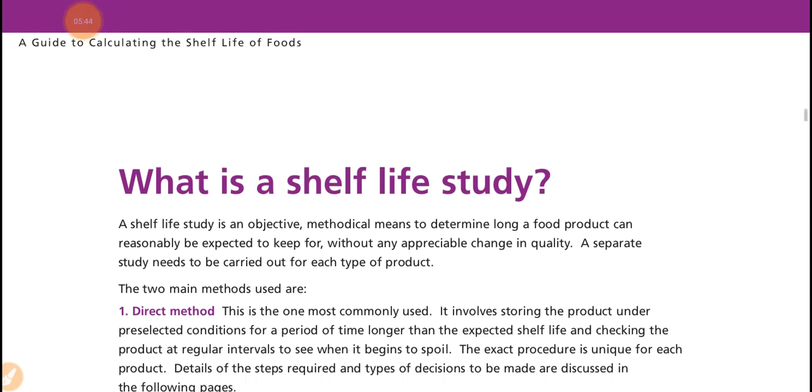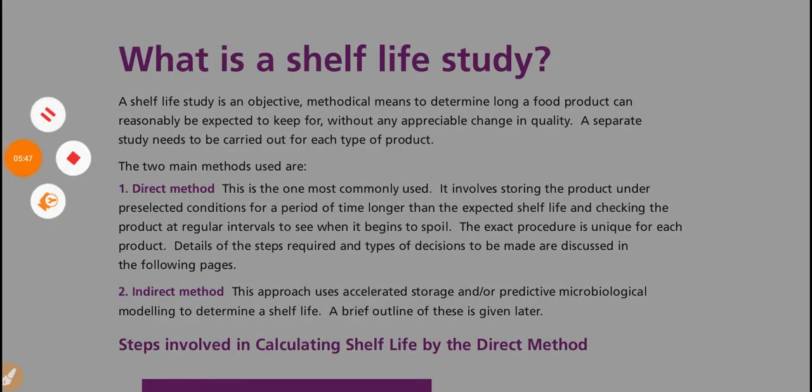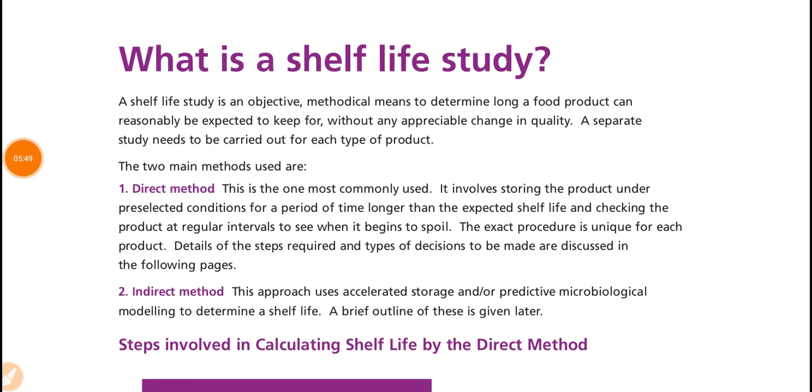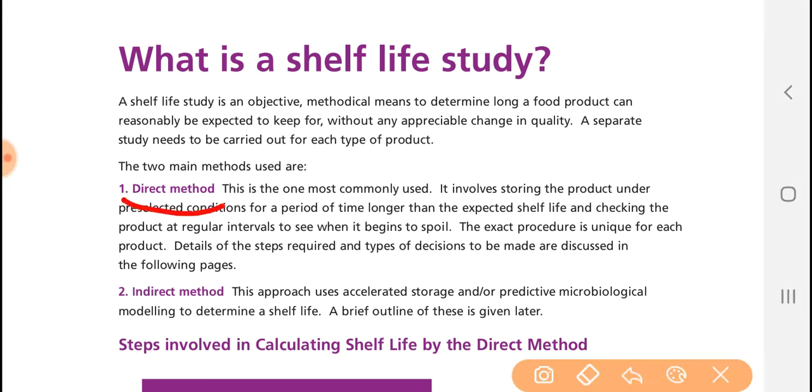Then what is a shelf life study? There are two main methods which we can use to analyze the shelf life, either the direct method or the indirect method. In the direct method, we keep the food and do different kinds of tests under pre-selected conditions.